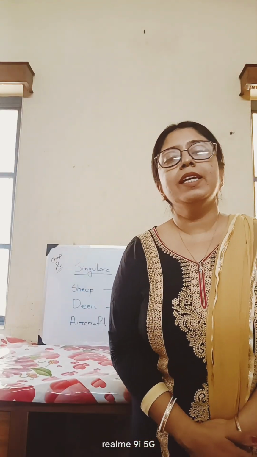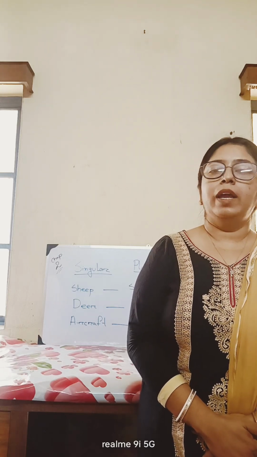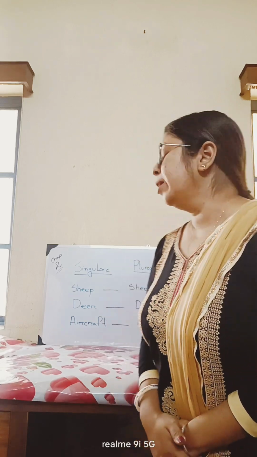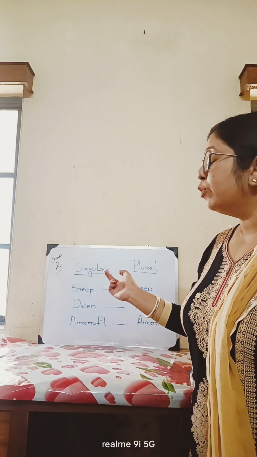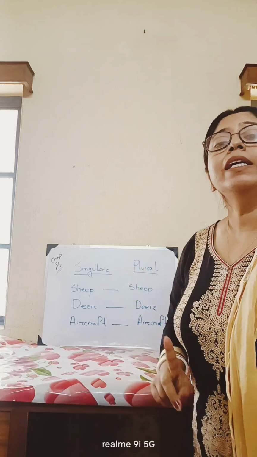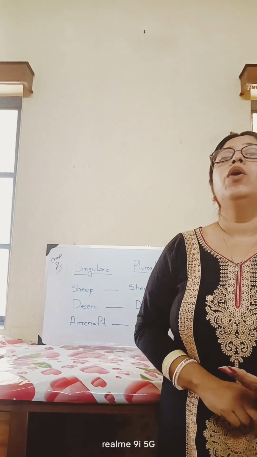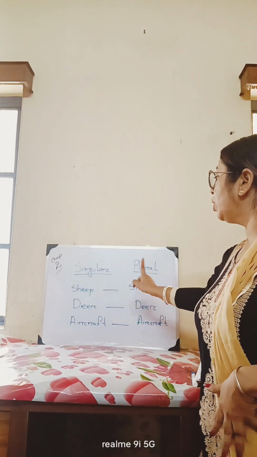Now you can see that there are also some nouns whose singular and plural forms are the same. Look at the board: sheep. The singular and the plural form of sheep are the same. One sheep is called sheep, and more than one sheep is also called sheep.